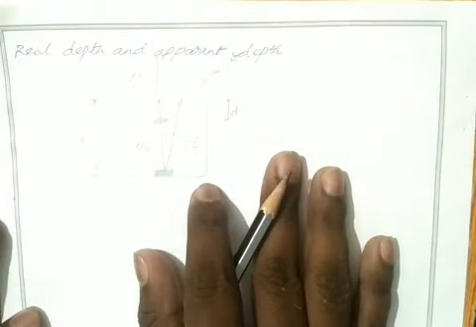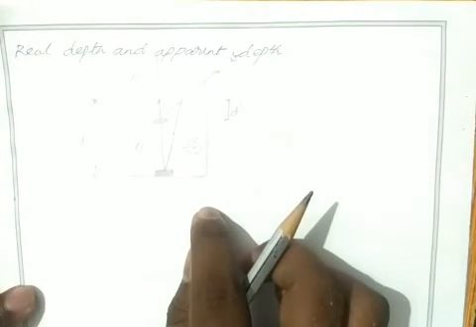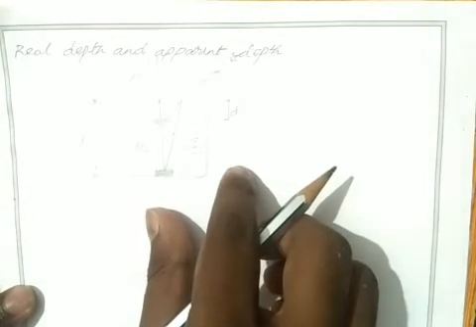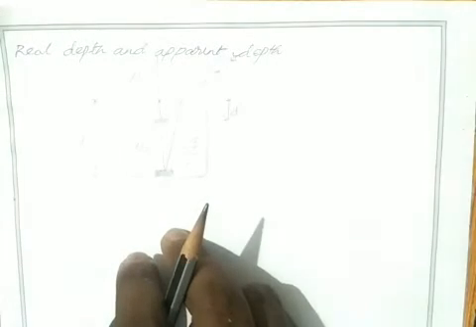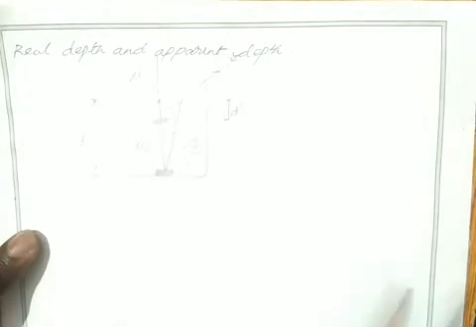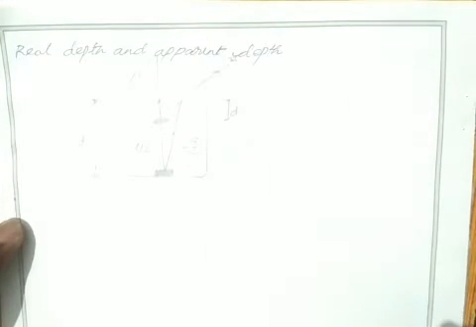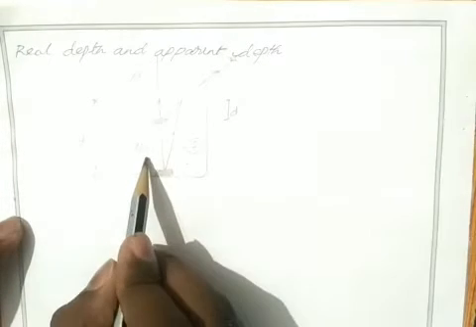For example, if you are looking at this paper, light comes from the paper towards your eyesight. So this paper is considered the second medium, which has refractive index mu2. Light comes towards your eyesight, and you are in air, in your room. So you are in the first medium, which is air. Kindly remember this concept. This medium is 2 and this medium is 1.